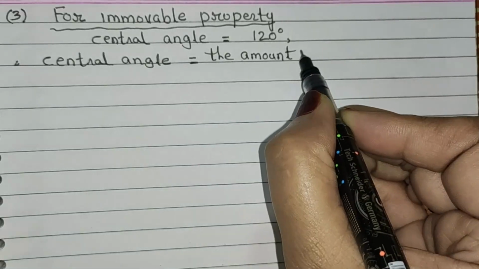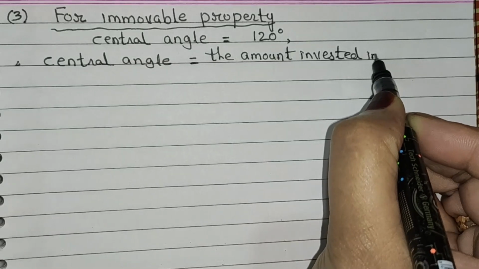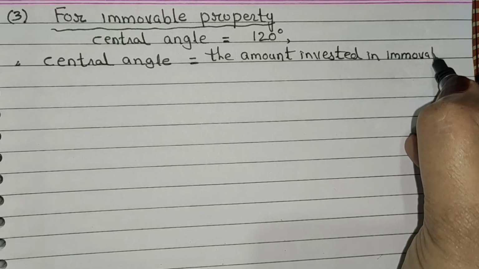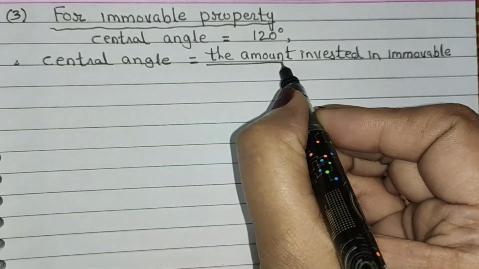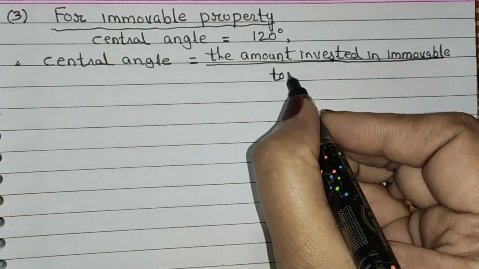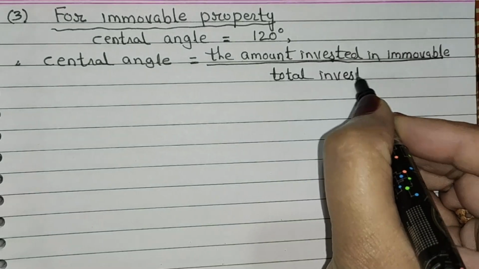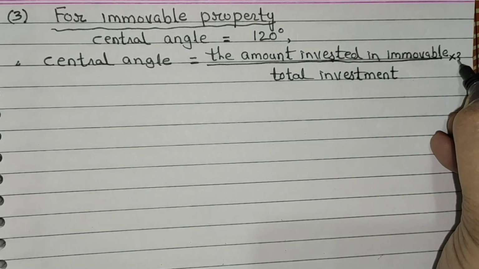the amount invested in immovable property upon total investment, multiplied by 360.